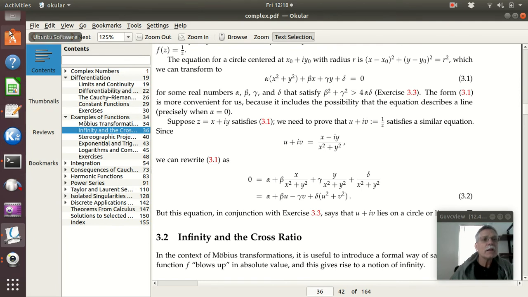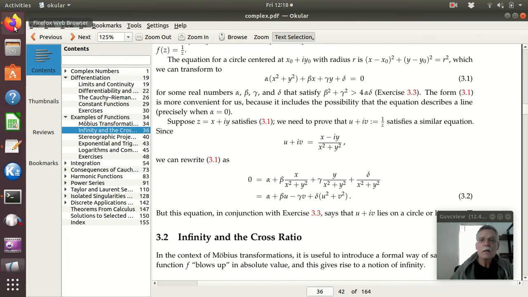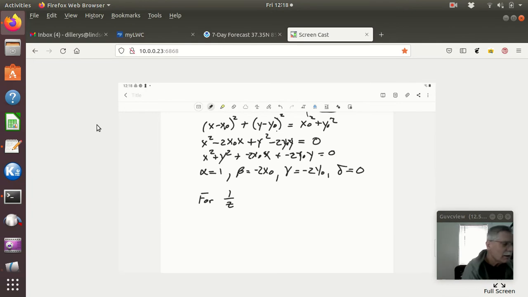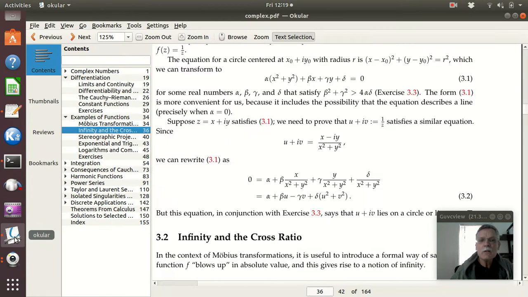So if I come back here, it said our image. How did they write that image? Oh, they just set it equal to 0.